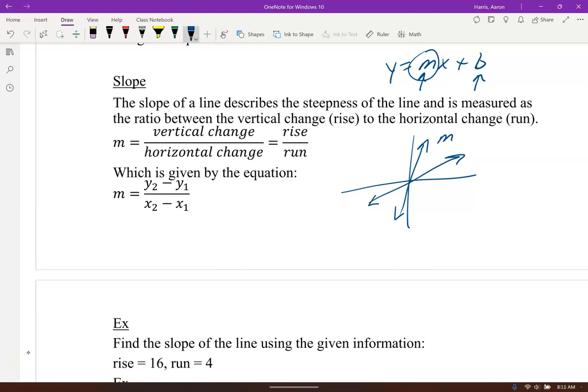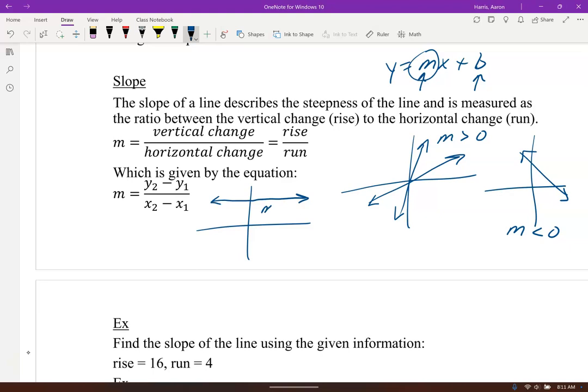But either way, both of those slopes are positive if they're going up and to the right. If you have a line going down and to the right, your slope will be less than 0. Your slope will be negative. If you have a line that's perfectly horizontal, your slope will end up being 0. And finally, your last scenario, if you have a line that's perfectly vertical, your slope is undefined.